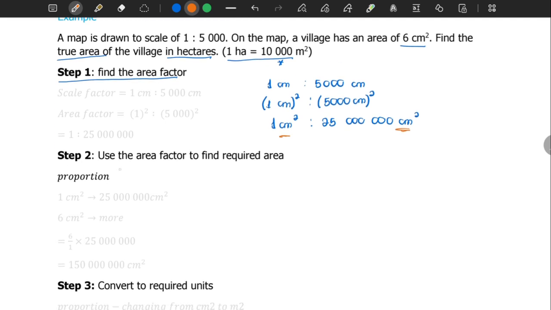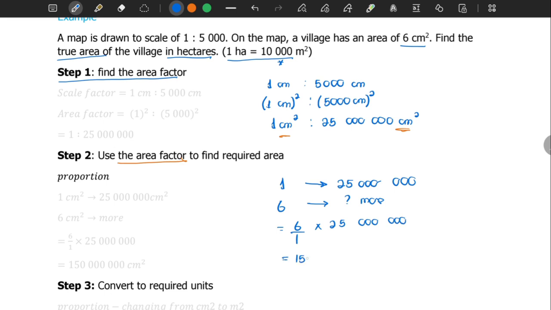Then the next part says now we have to use the area factor to find the required proportion. So we know that 1 centimeter squared represents 25 million on real ground, and we need to find what 6 centimeters squared represents. So it's going to be more. So it's going to be 6 over 1 times 25 million, and that becomes 150 million centimeters squared.